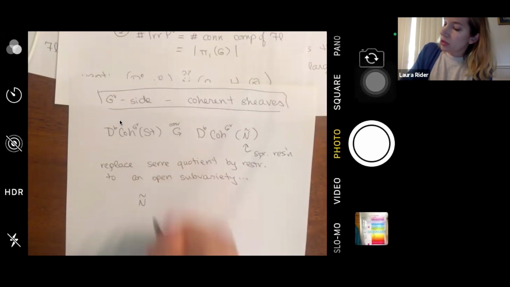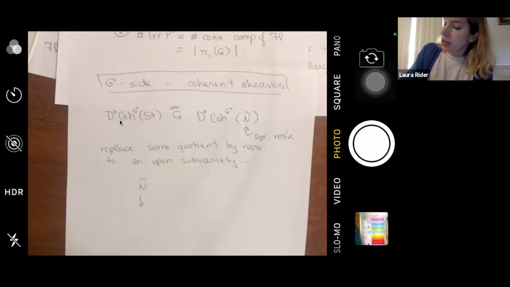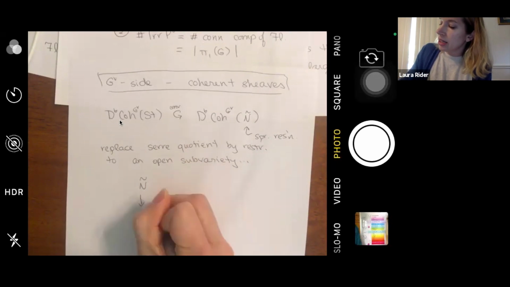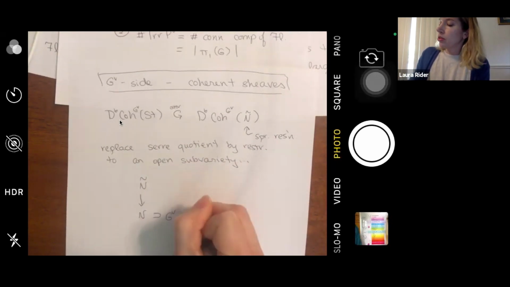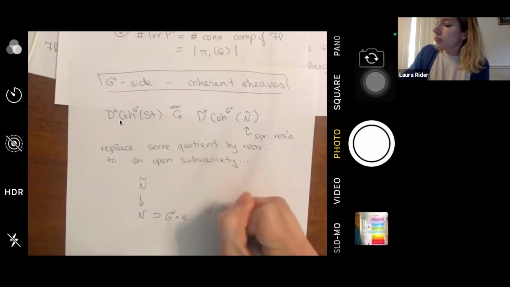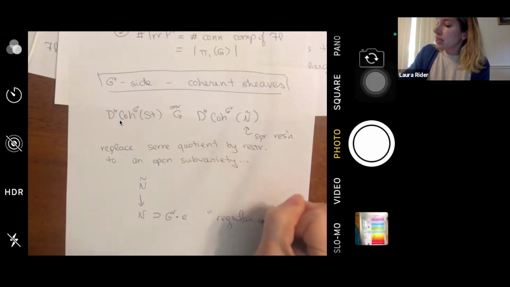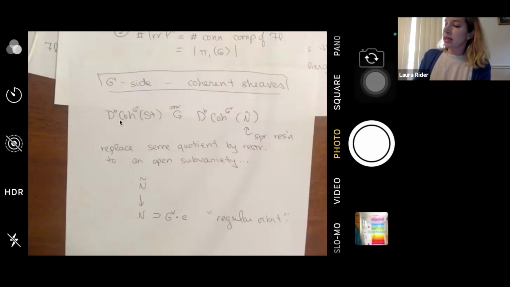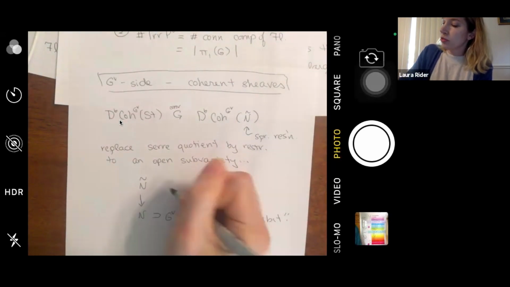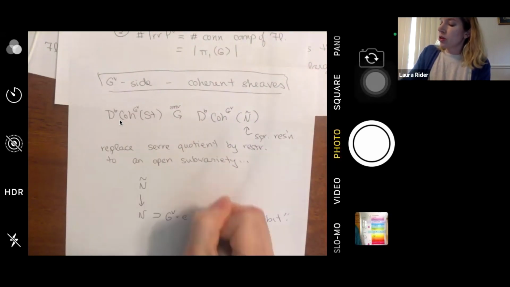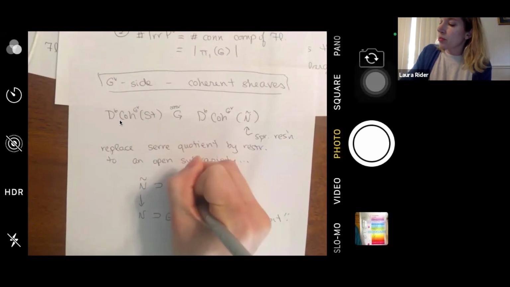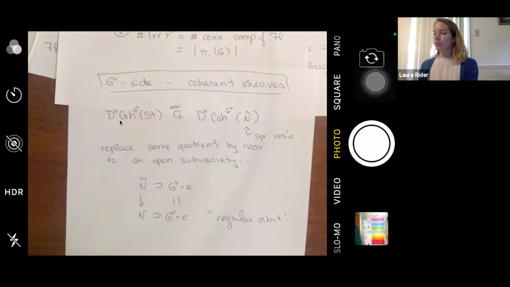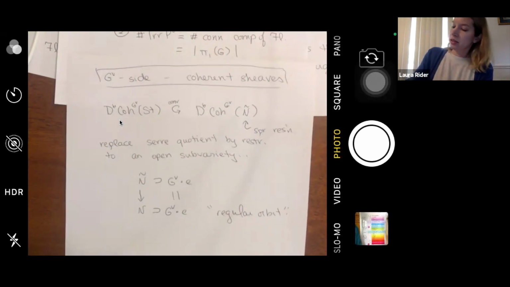Of course, it's a resolution of singularities of the nilpotent cone. Sitting inside here, I have the open dense G orbit called the regular orbit. Because this is a resolution of singularities, it is an isomorphism over this open dense smooth thing. So I have a copy of this orbit sitting inside here. That's what I want to restrict to: the regular orbit.